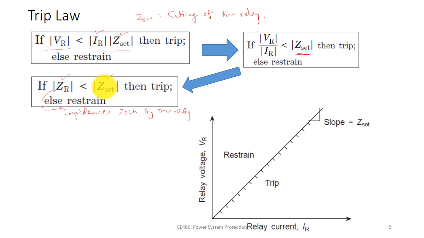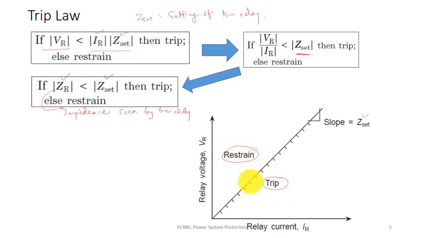Now if we plot the characteristic, that is relay voltage versus relay current, it will be a straight line, obviously passing through the origin. The slope of this line will be Z set, and below this line is the trip region, and above it is the restraining region.